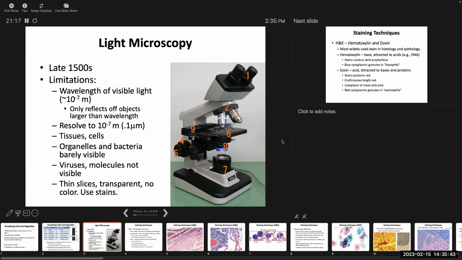So to make things visible in light microscopy, almost always the sample has to be stained. And the stain then colorizes the sample so that you can actually see what you're looking at in these super thin slices.